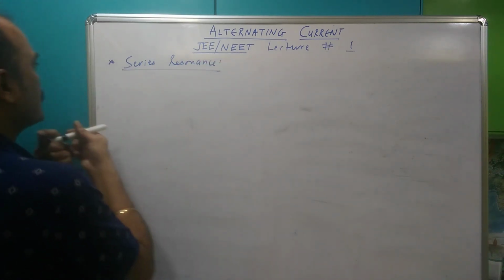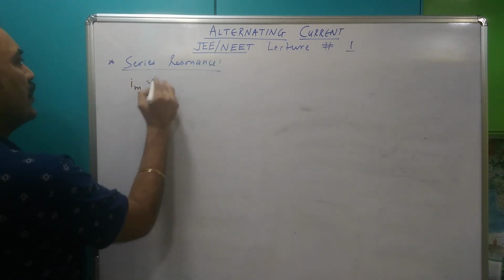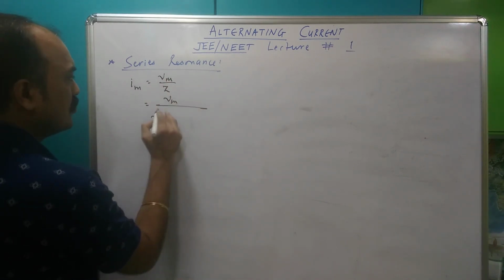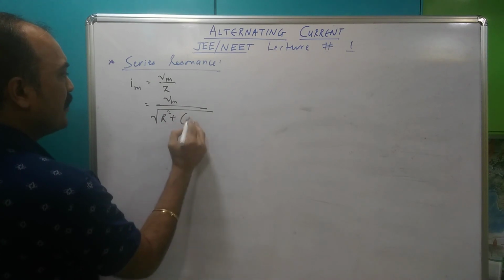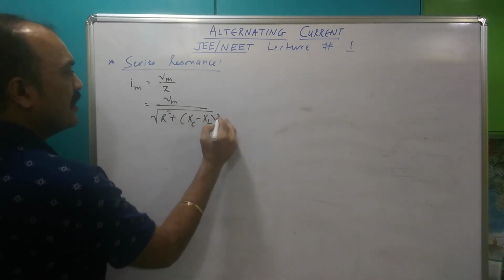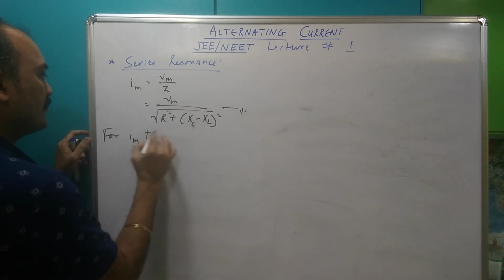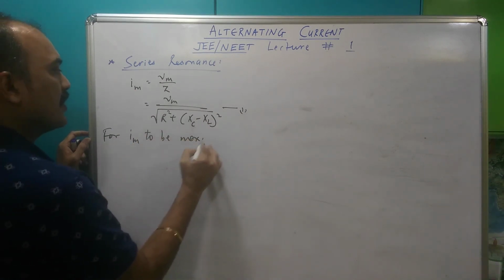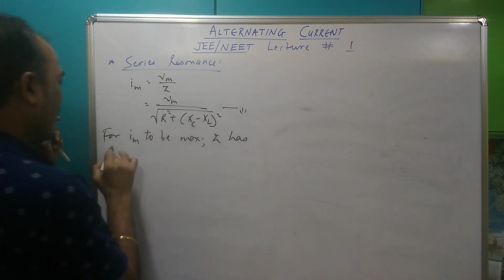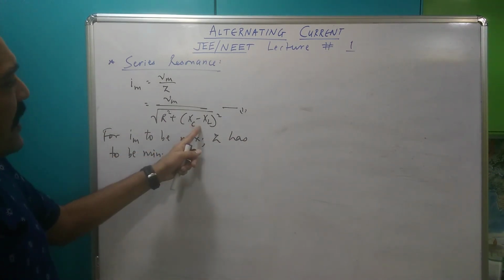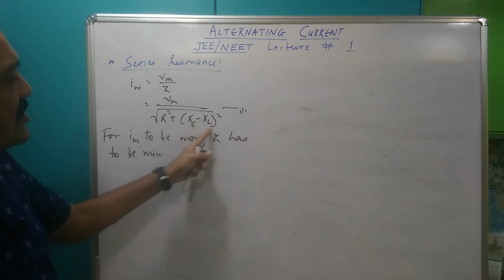Now everyone knows Im is Vm by Z, and Z is root of R square plus Xc minus XL the whole square. So for Im to be max, Z has to be minimum, and Z minimum होने के लिए, you remember this was called the imaginary part.